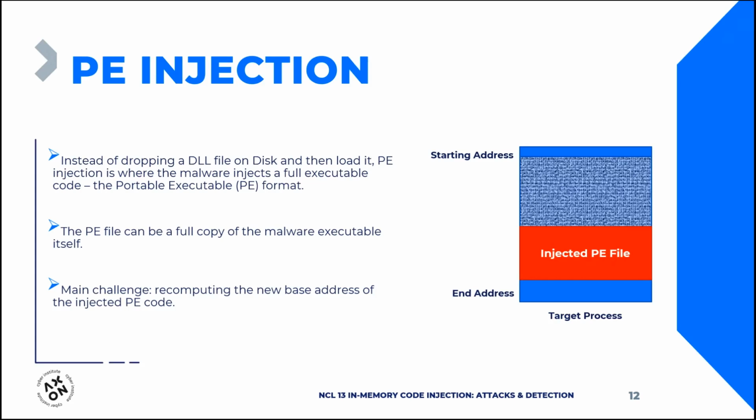So I create memory inside my target process, and then I inject a PE file, PE code, like exe code. So this will be like an exe within a larger exe. You can think of it this way. We have the target process that was initially an exe PE file, and then I'm going to embed another malicious PE file inside the larger legitimate PE file.